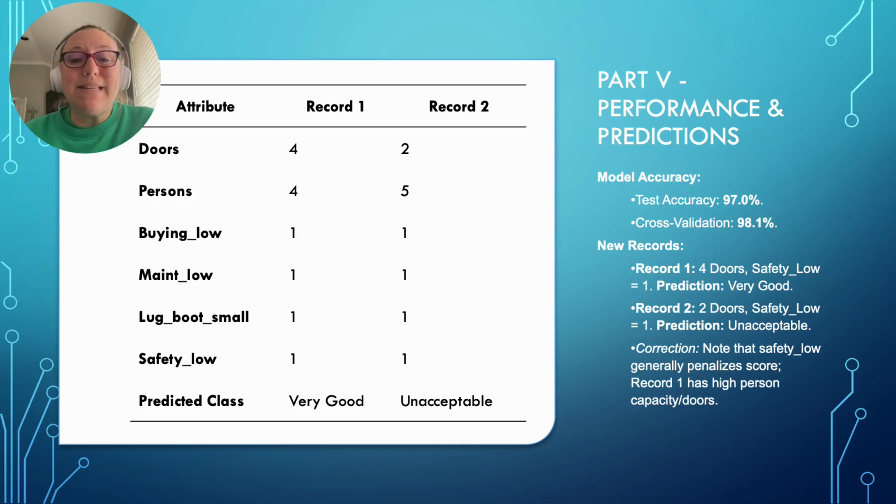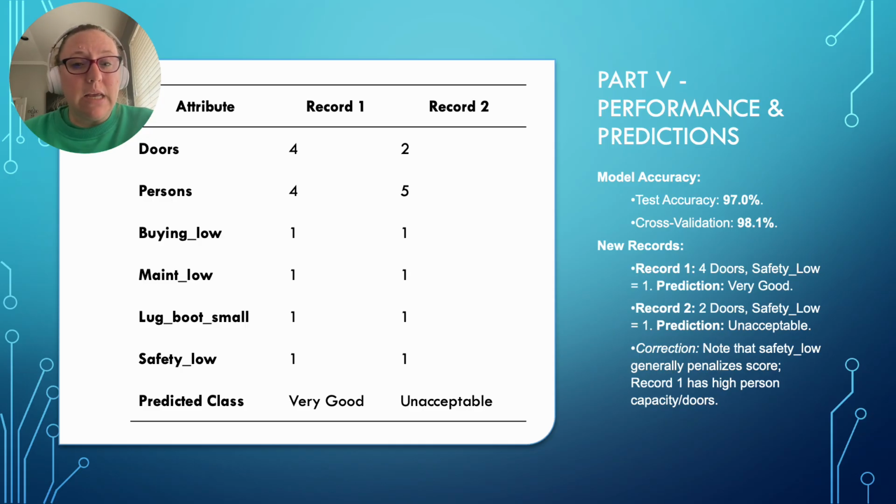The performance here was outstanding, with a test accuracy of 97%. In the table on the screen, we see the power of this model. We introduced 2 new records. Record 1, which contained 4 doors, was classified as very good.